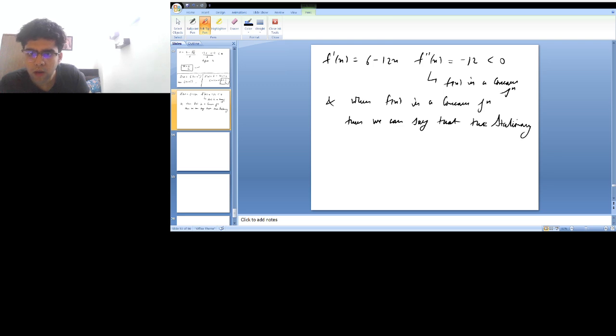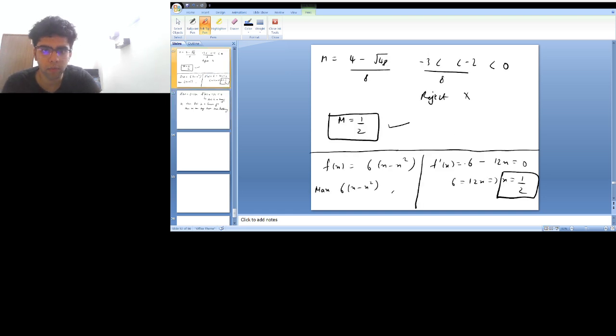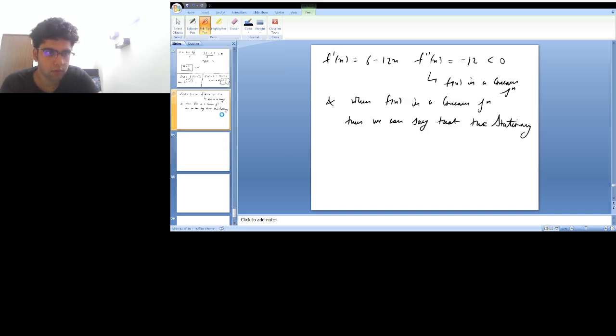So let me just tweak this a bit. We were already given that x lies between 0 and 1, so now I can write that the interior stationary point, this value, gave me x is equal to half, right?